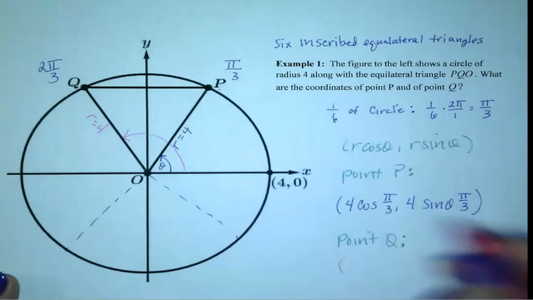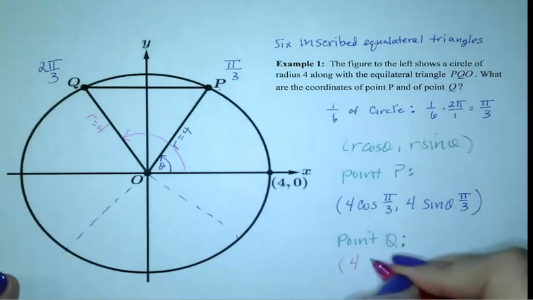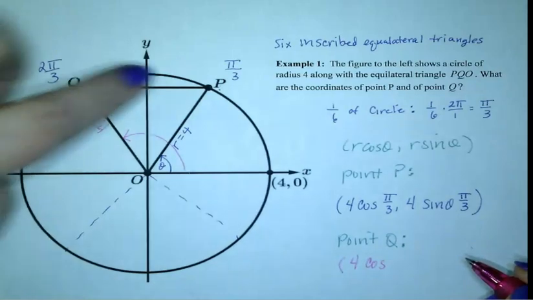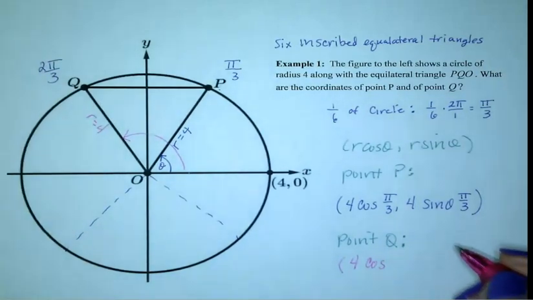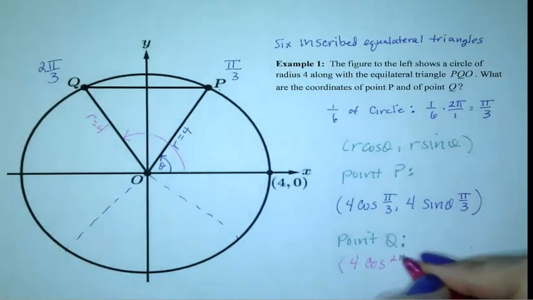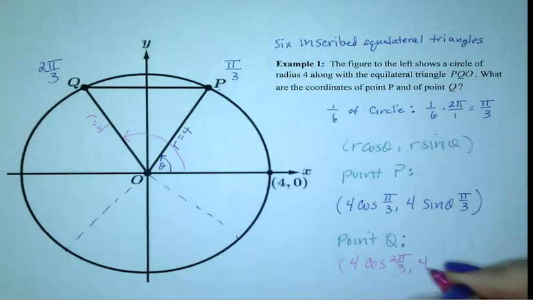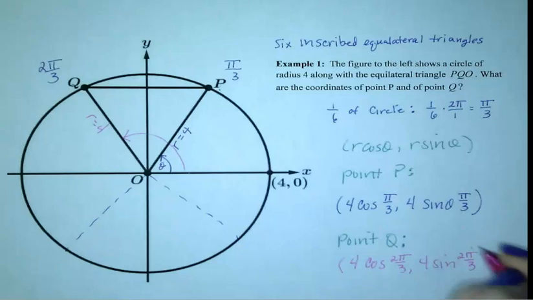So then again, we would say the radius is 4 and we would say cosine, but this time we're not talking about pi over 3, we're talking about 2 pi over 3. And then 4 sine 2 pi over 3. And so we have found what would be the coordinates of that point.